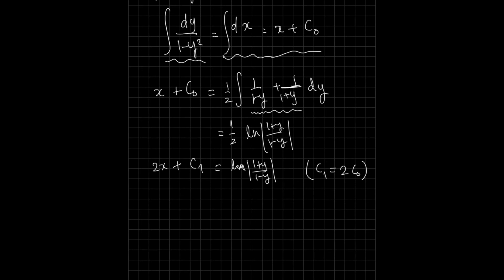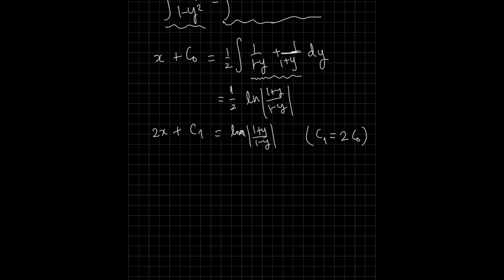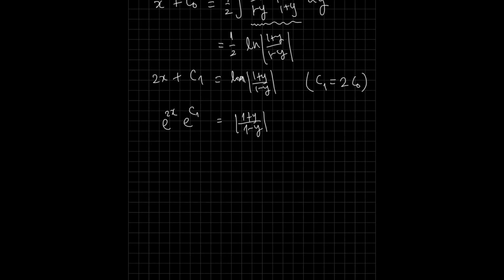Here we have C1 equals C sub 0. Now let's use both sides as the exponent to our exponential function, and we get, and then let's remove the absolute value symbol, and we get, now here we have C3 equals plus minus e raised to the C sub 1.